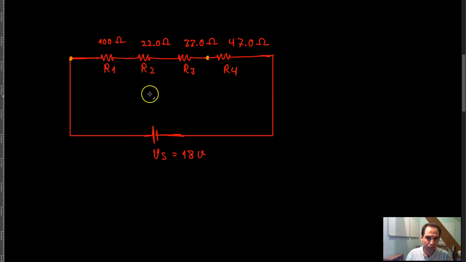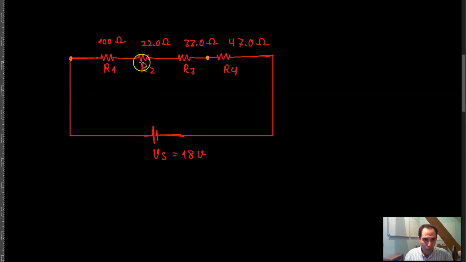Okay, so to calculate basically the voltage between these 2 points in this circuit, you can calculate the voltage drop across R1, the voltage drop across R2, and the voltage drop across R3, and then add them together to get the total voltage drop across these 2 points, and then that would be the voltage between these 2 points, right?